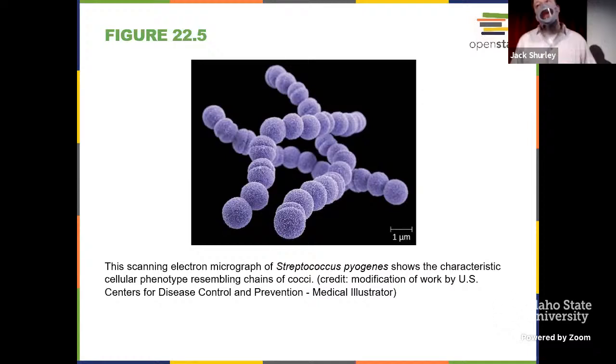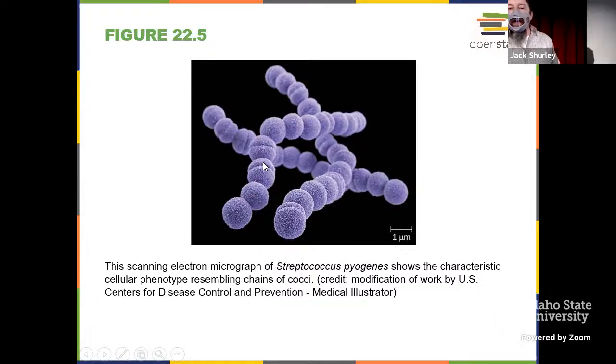So initially, thinking about some common players. Strep throat is something that's really pretty common. It's also pretty contagious, right? So, a scanning micrograph. Some of these micrographs are just totally impressive to look at. It's colored up here, purple. They are gram-positive cocci if you were to look at them through a gram stain.